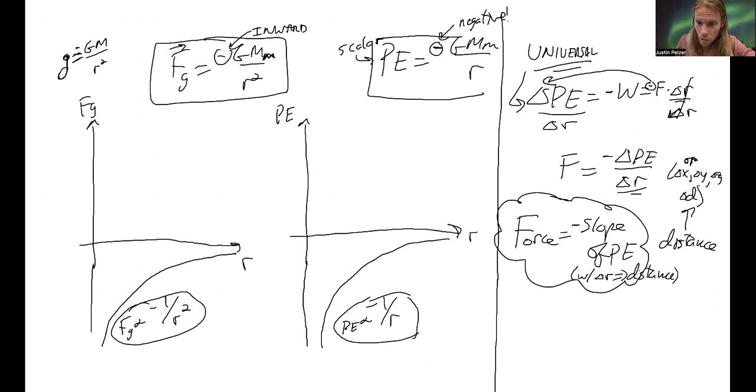Acceleration is delta V over delta T, which is the slope of velocity with delta T, time.